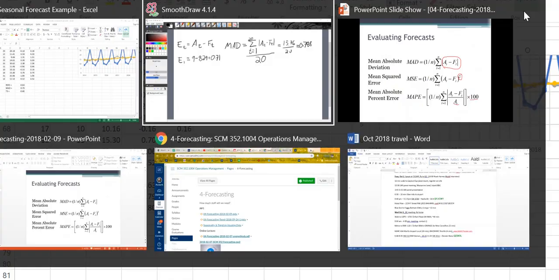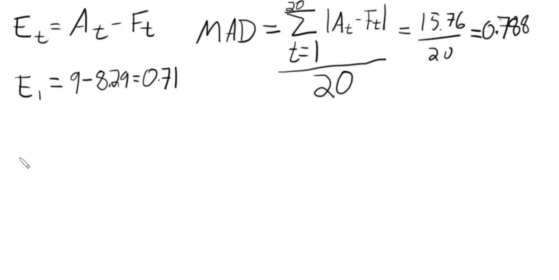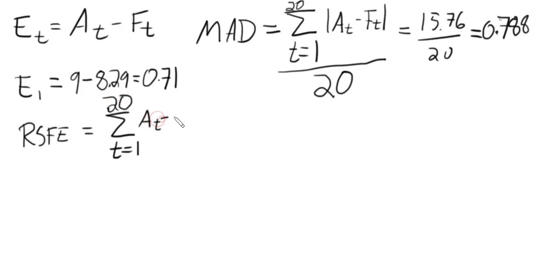Then one of the other things we will use to see how well this forecasting method is working is the running sum of forecast errors, where we take the errors for all 20 periods. So t goes from 1 to 20, and each period we don't take the absolute value, we just find that error term and add those all up.